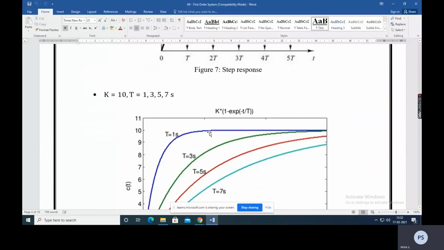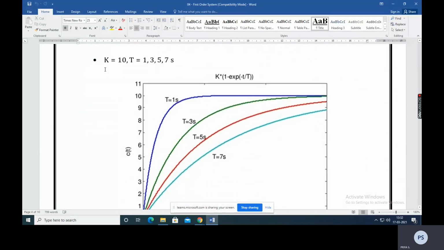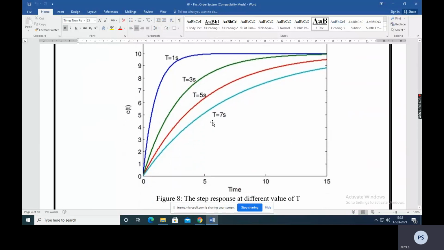Okay, see there. When I am taking K equal to 10 as constant, the gain is going to be constant, and I am going to vary the time constant. See, the time constant is 1, 3, 5, 7 seconds. When T is equal to 1 second, it is going to quickly settle down at the steady state output. So how fast it is going to respond, that is the meaning of the time constant. I told you, no? So that is what I am practically showing by the graph.